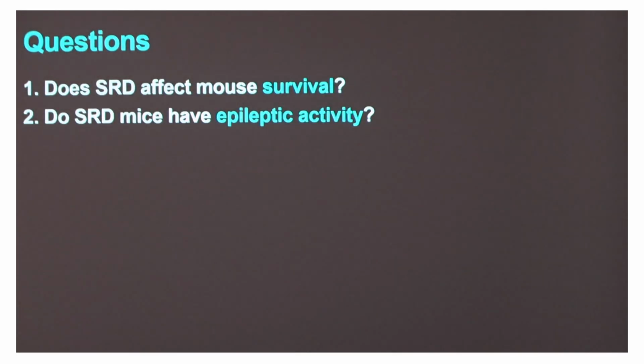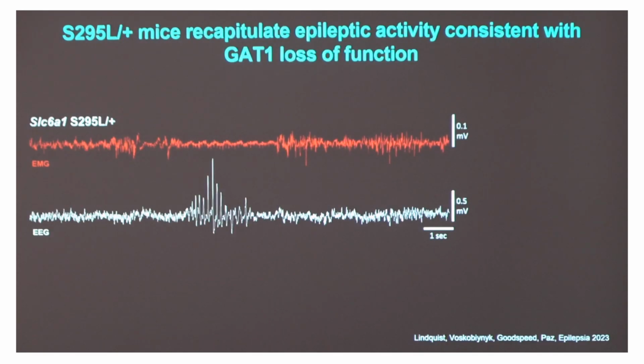The next one, we were asking about the epileptic activity. Here, we performed EEG and EMG recordings of these S295L mice. On top, you can see the muscle activity of the mouse, and the mouse is moving normally. And then there is this behavioral arrest, a stop in the activity of the mouse. On the bottom, you can see the high amplitude spike and wave discharges.